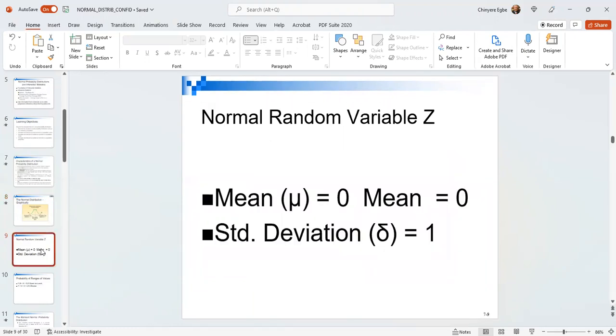And so let's look at some of the uses of the normal distribution. How do we make use of this characteristic of the normal distribution? What do we do with it?